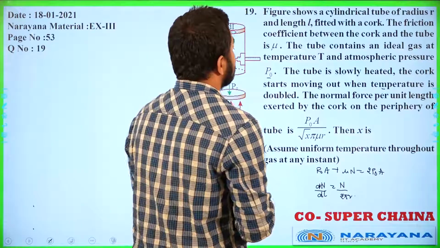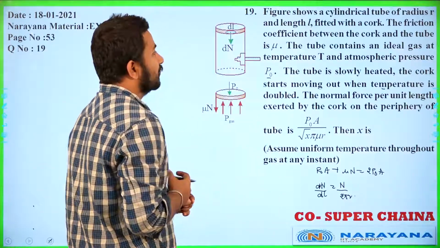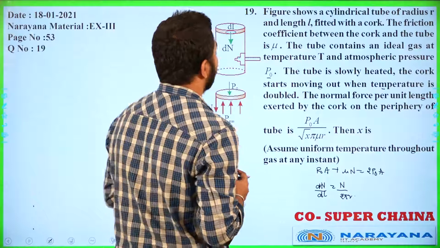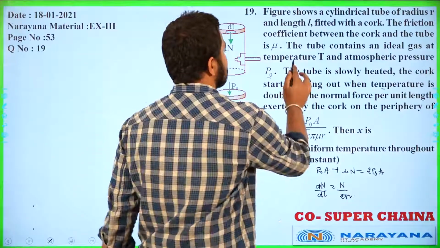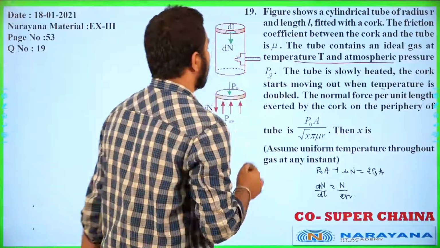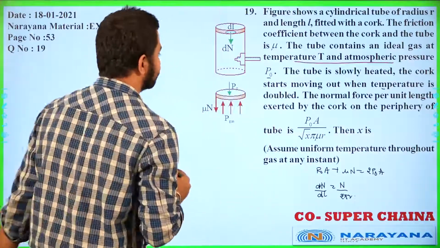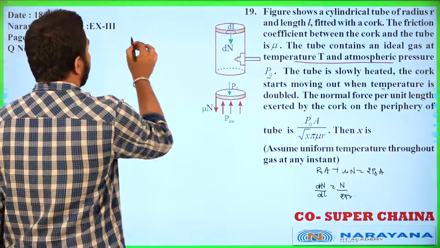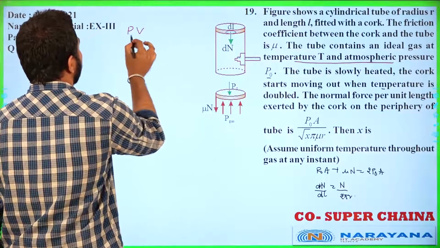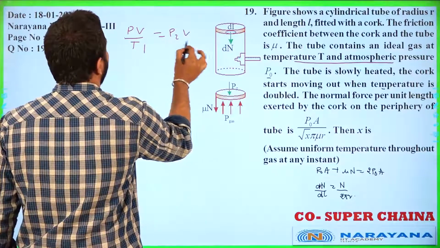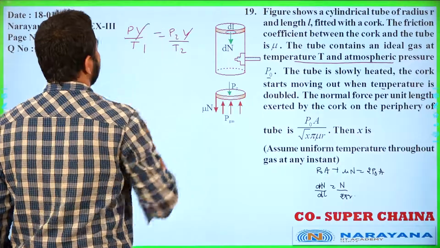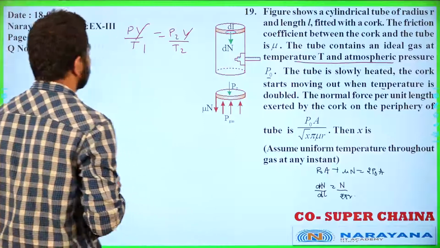The figure shows a cylindrical tube of radius r and length L. The frictional coefficient between the cork and tube is mu. The tube contains an ideal gas, and the temperature and atmospheric pressure are given. So student, we know that P1 V1 by T1 equals P2 V2 by T2. Here the V's are the same, so we can cancel them out.